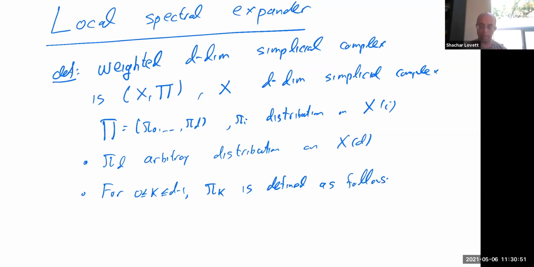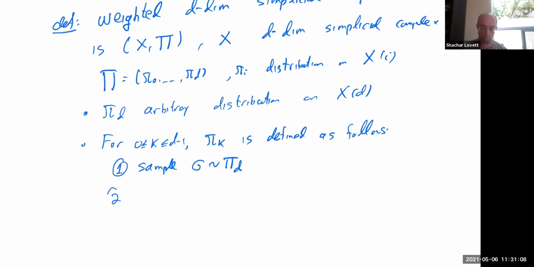We want to define a way of sampling sets of size k. Step 1, we sample sigma from pi_d. So we sample a d-dimensional face, and then we sample tau inside sigma uniformly among all sets tau of size k.